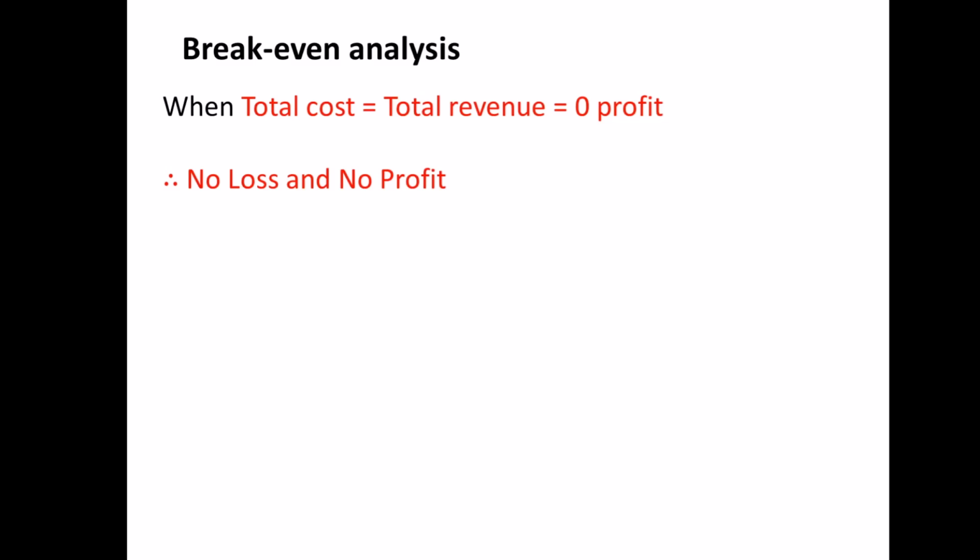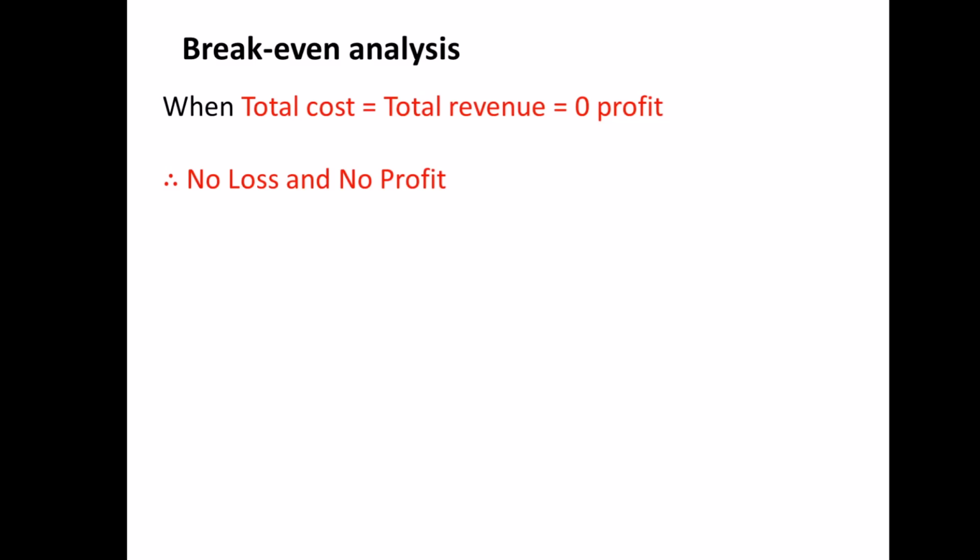But why is this so important to our factory or to our business? Because we want to see how many units we should produce in order to make a draw, in order to lose nothing. That's why we want to find the break-even point.